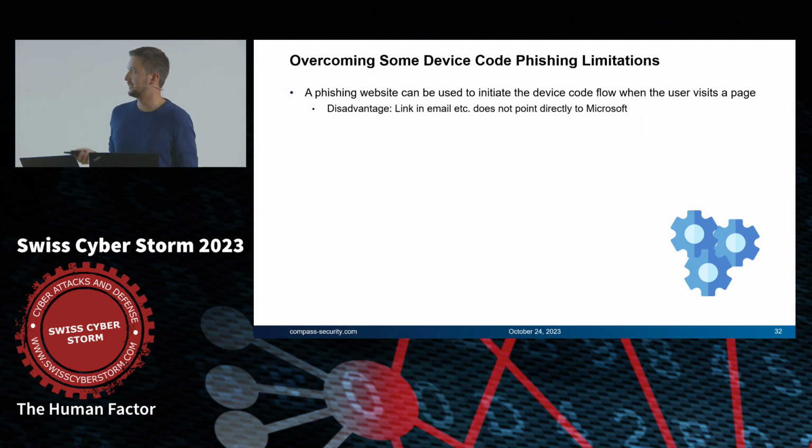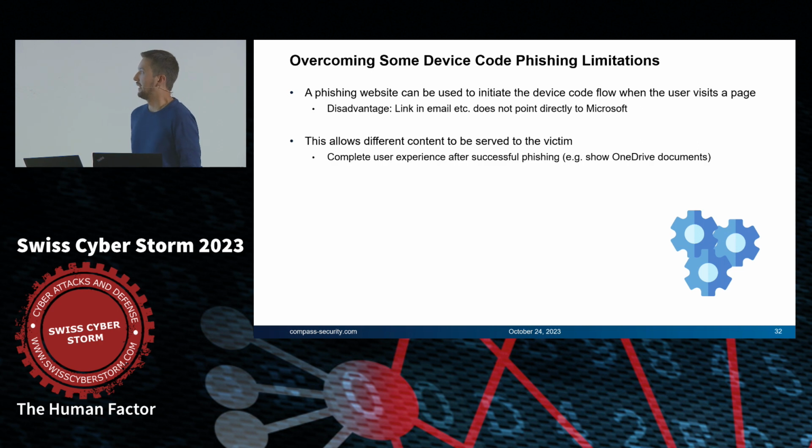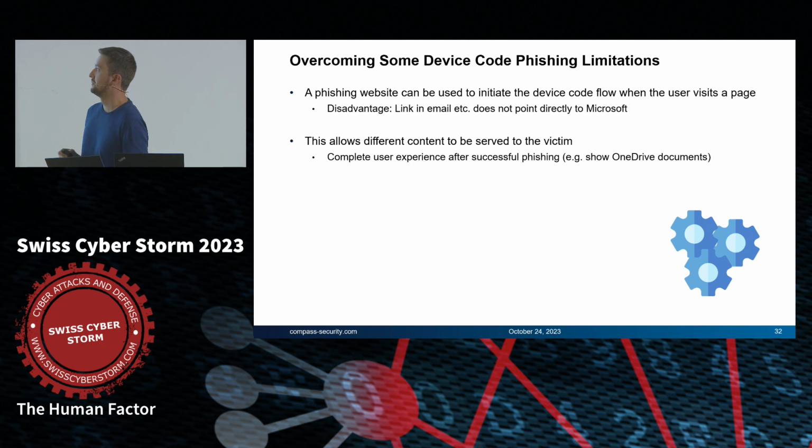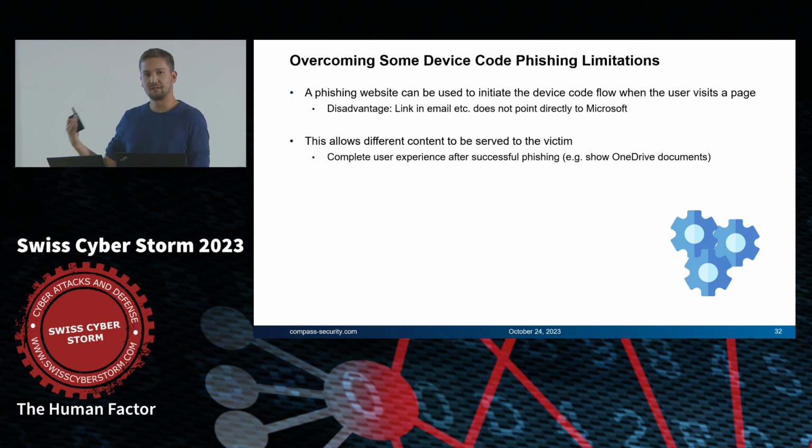Of course, this has the disadvantage that the link in the mail now points to a phishing website and not to Microsoft directly, but it's worth it. And our own phishing website also allows us to do some happy flows for the user. So, for example, if in our phishing mail we promised some data via OneDrive, we can provide that with this setup.